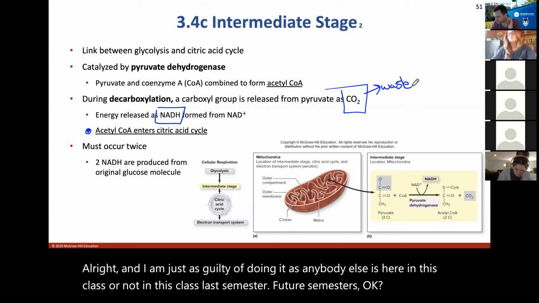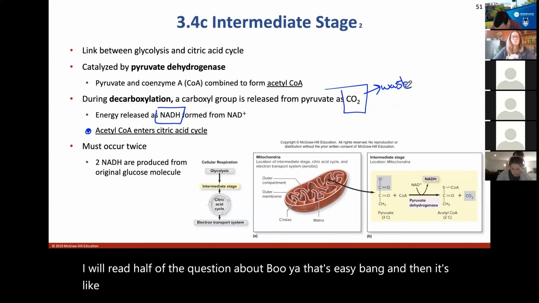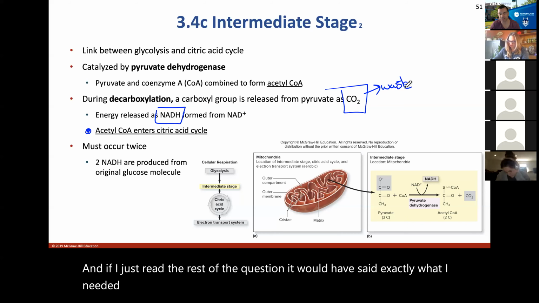I will read half of the question and be like, booyah, that's easy, bang. And then it's like incorrect. You're like, ah. And if I had just read the rest of the question, it would have said exactly what I needed to do to go obvious.